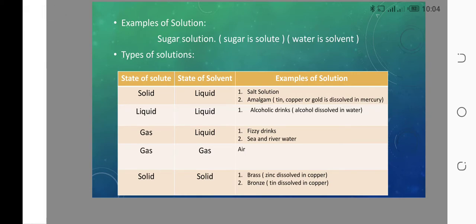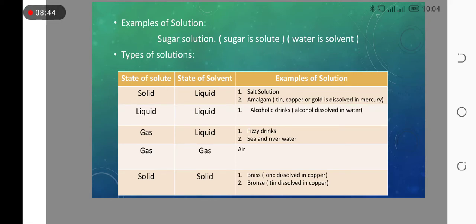The next example is sea and river water. How can we obtain sea and river water solution? When oxygen is dissolved in water, it forms a gas-liquid combination, because gas is the solute and liquid is the solvent.